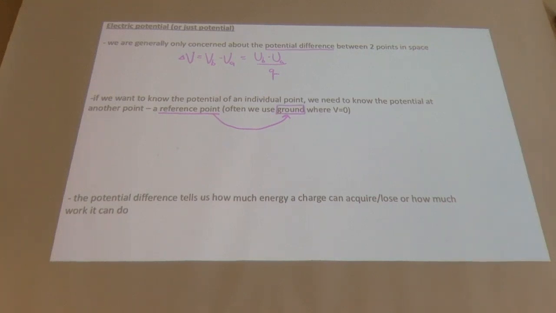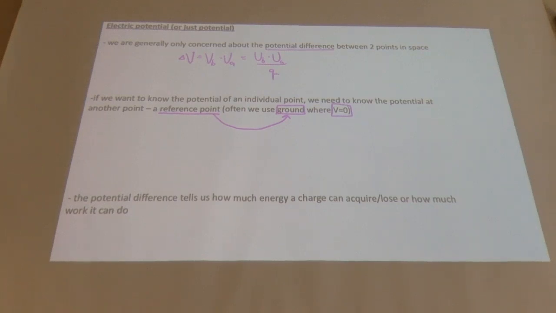Ground is a location where the electrical potential is equal to 0. So if I know the difference in potential between this point and ground, then the potential at this point is equal to the potential difference. You can see that in this equation, okay?